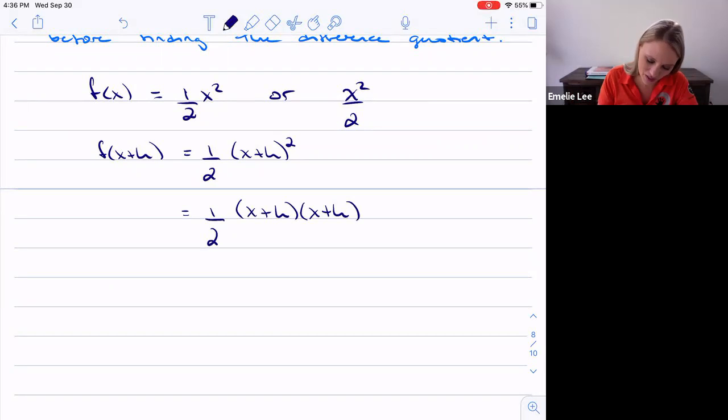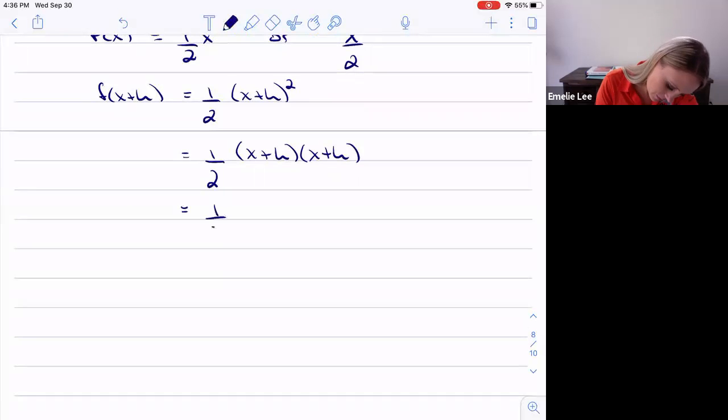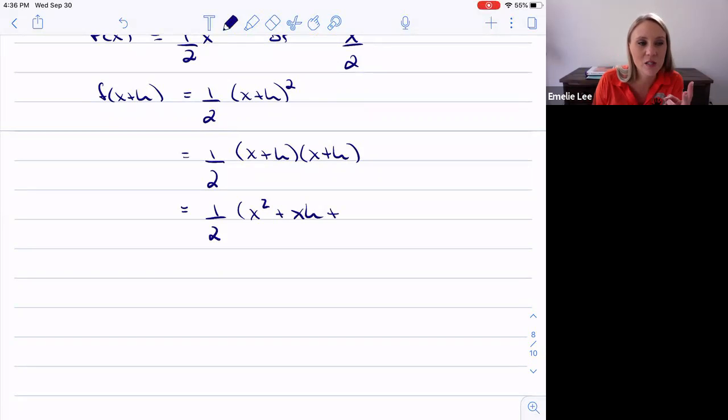But I just go x times x, x times h, h times x, h times h. I do them all. But if you're really good at expanding, then good for you. So x squared plus xh plus, and then I will tweak it so h times x is the same as xh. So I will rewrite it immediately, xh plus h squared.